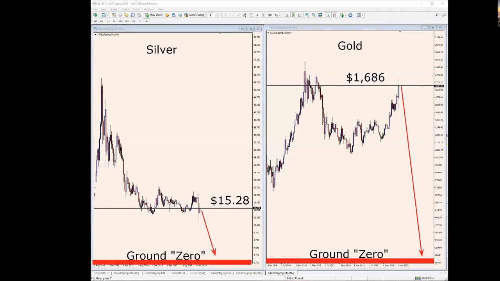The maximum scenario is this one. So the strategy I'm going to teach cannot be applied if the price is too high. If the price is reaching towards the bottom, a lot of seasonal traders will be applying this knowledge to take advantage.